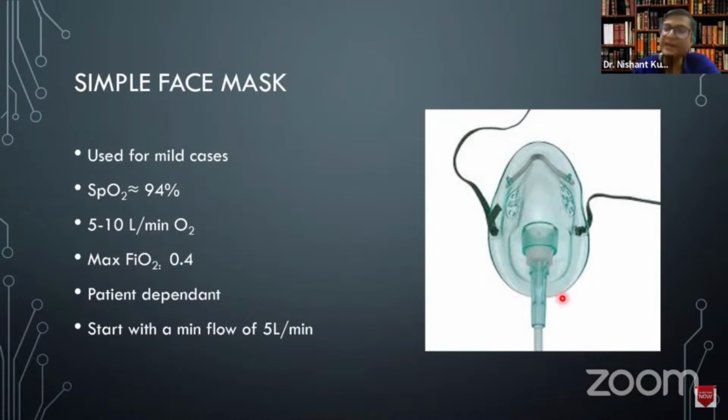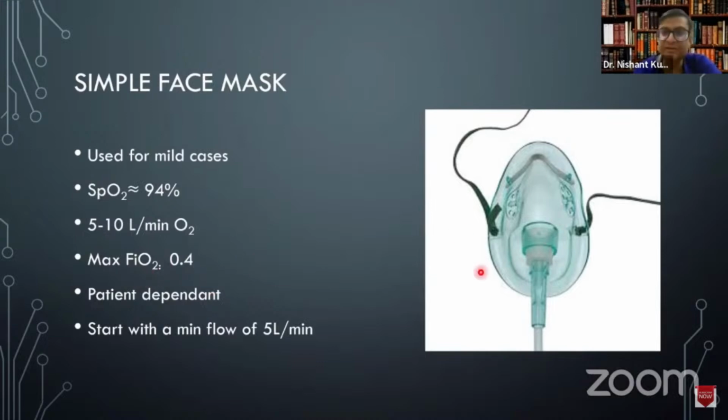So you're exhaling into this reservoir, and the fresh gas is coming into this reservoir from which you're breathing. And if you keep the flow less than 5 liters per minute, over a period of time, there will be CO2 accumulation. And again, the amount of oxygen that the patient is going to breathe will go down. So it's a sort of rebreathing. Normally, we breathe 21% oxygen in the air, that is 0.21 FiO2, that is fractional inspired oxygen concentration.